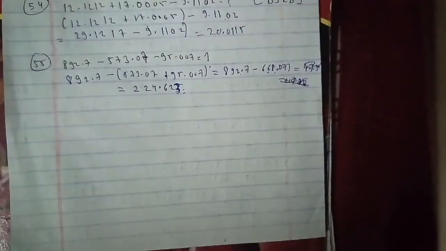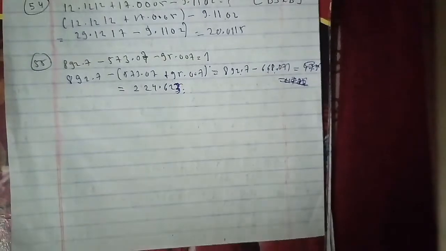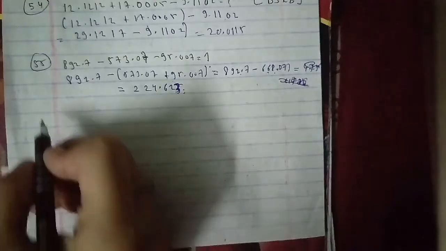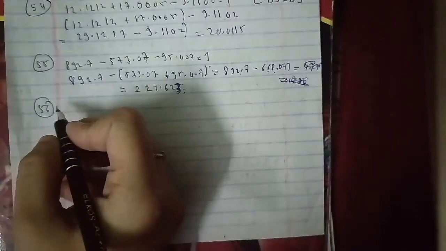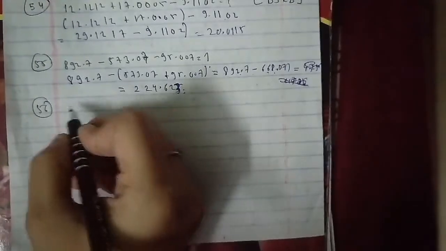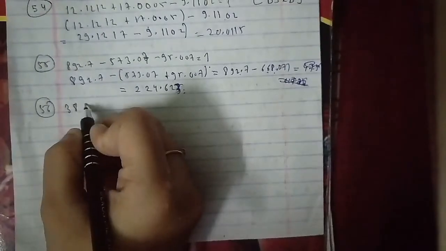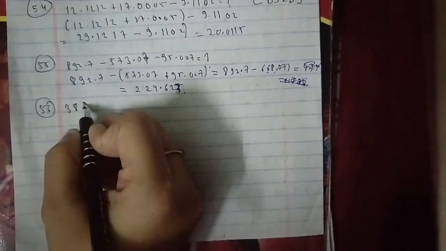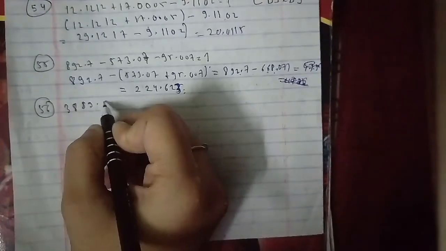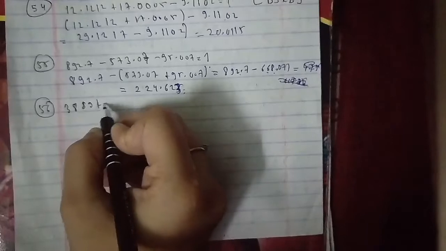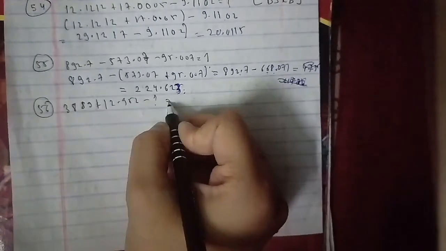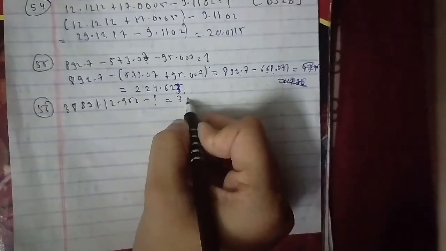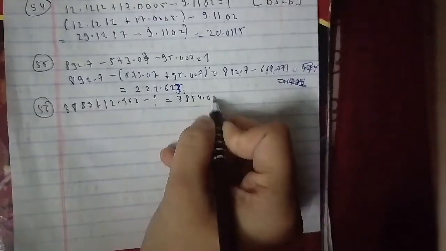We will go ahead with the 56th question of the session, which is another question here. The question is 3889 plus 12.952 minus question mark equals 3854.002.